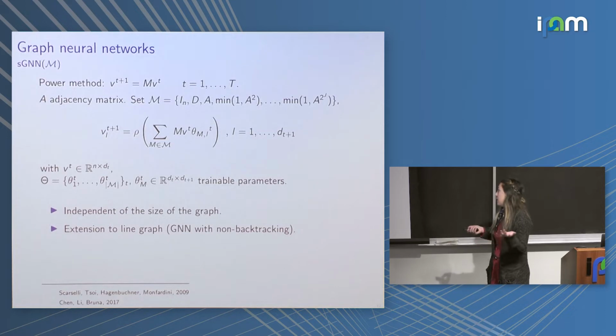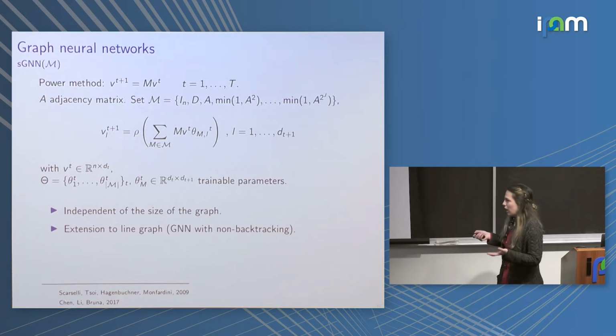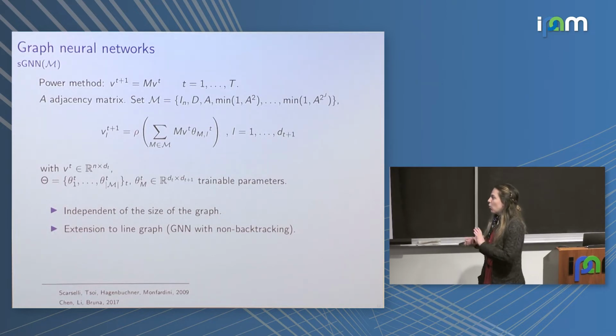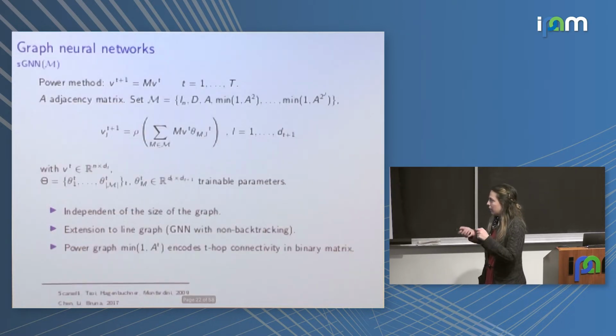Something that Zendao and Joan Bruna did was they extended this model to also take the line graph into consideration. So they have graphs that are indexed on the edges.